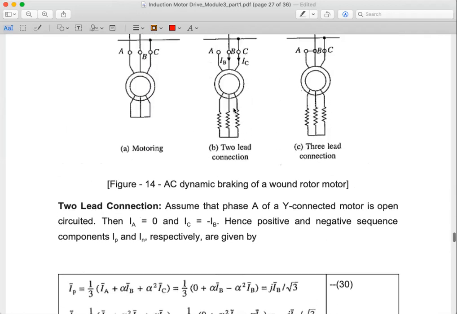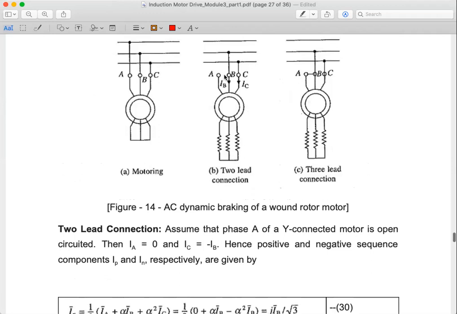As we know, because it is single phasing, it is an extreme case of unbalanced supply. In that case, we can write these currents in three components: positive sequence component, negative sequence component, and zero sequence component.